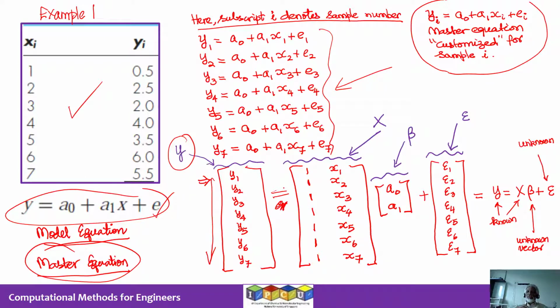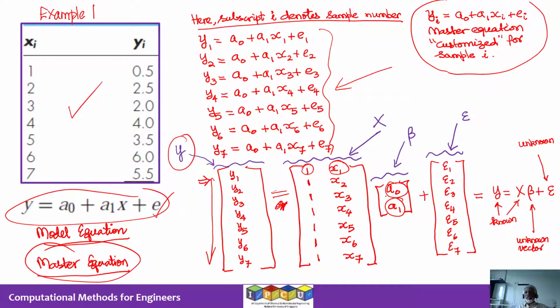The right hand side can be written as 1 x1, 1 x2, 1 x3 all the way till 1 x7, multiplied by a0 a1. As you can see, 1 multiplied by a0 will be a0, plus x1 multiplied by a1 will be a1 x1.